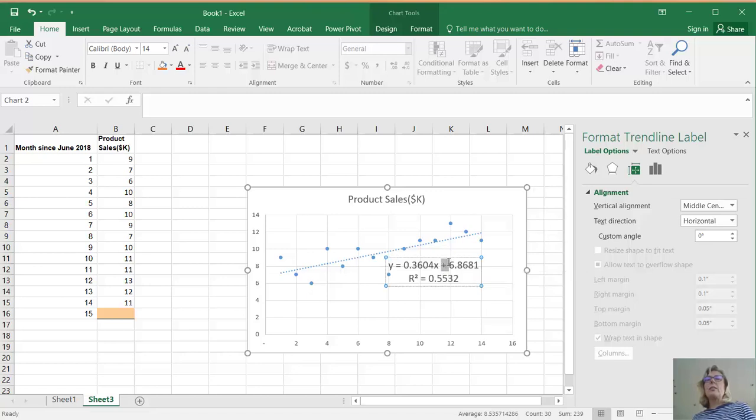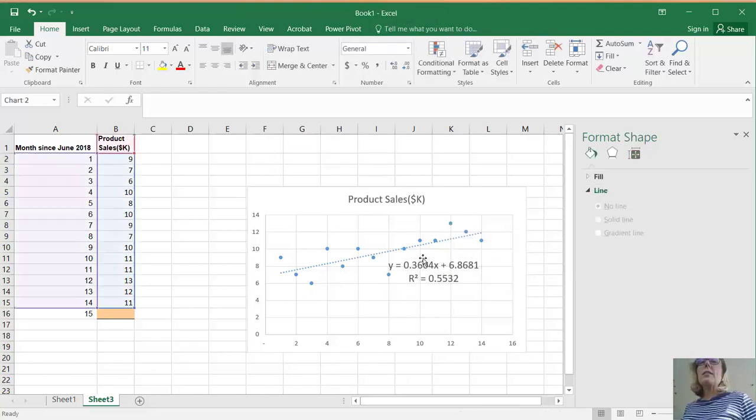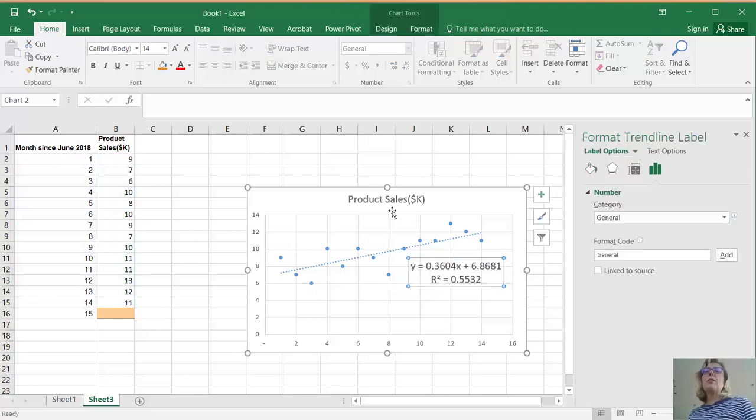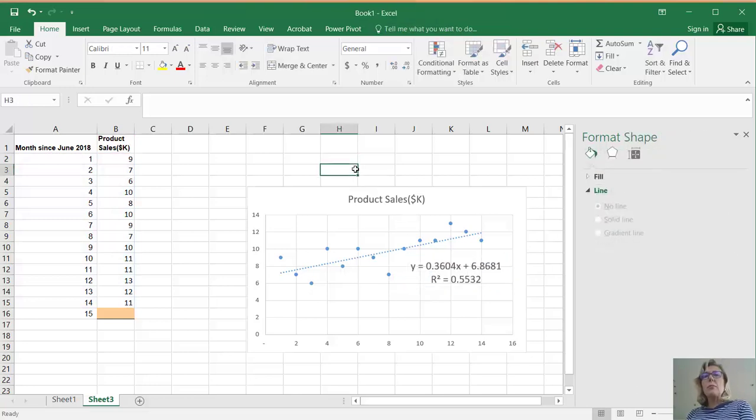Now let's take a look at what this is. I'm going to move this over even just a little bit further, so I'm not covering up any data points. And we can see that we have indeed a linear trend going up. What the model is saying is that around June 2018, the model would have predicted we'd sold under 7,000 of this product, and every month thereafter we seem to have a growth of roughly about $360.